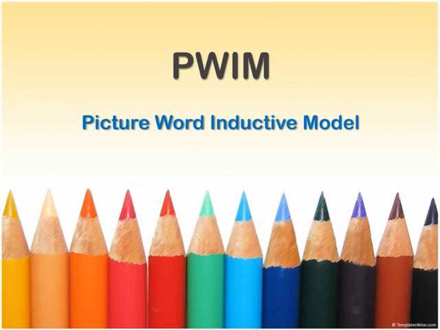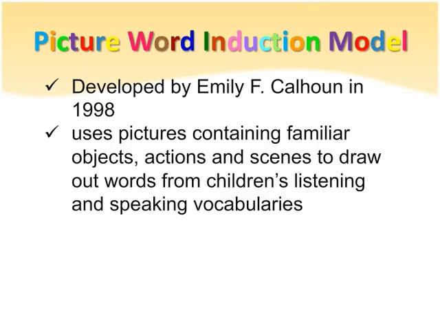The next portion of this presentation is about PWIM, Picture Word Inductive Model. PWIM was developed by Emily Calhoun in 1998. It uses pictures containing familiar objects, actions, and scenes to draw out words from the children's listening and speaking vocabularies.